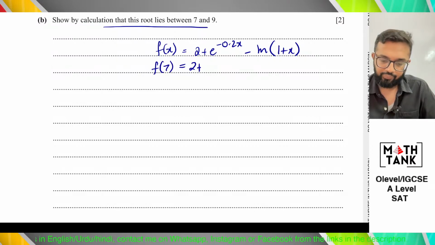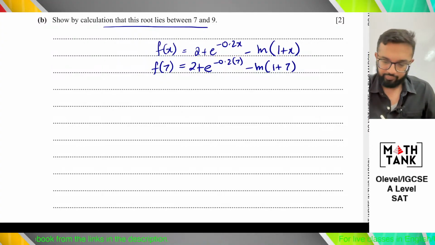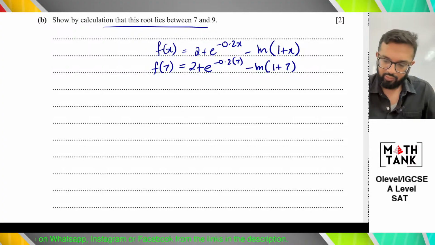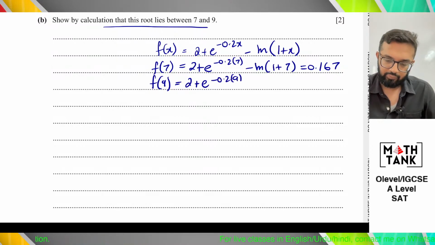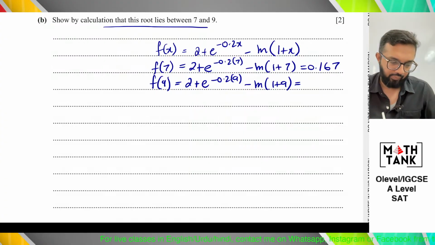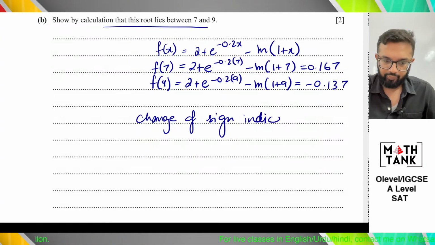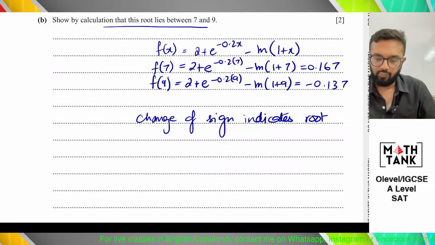You first insert 7, and see what you get there. f(9) gives me -0.137. So change of sign indicates root. Okay.